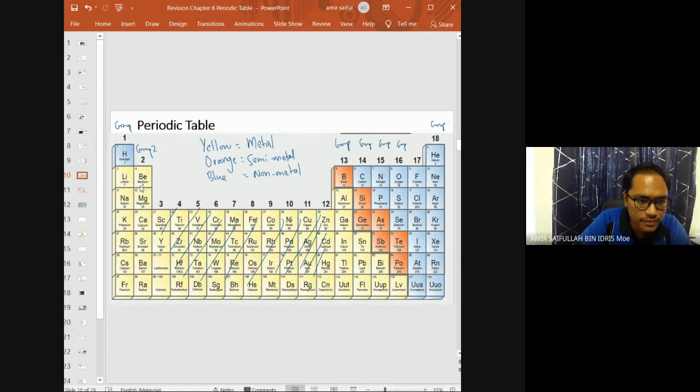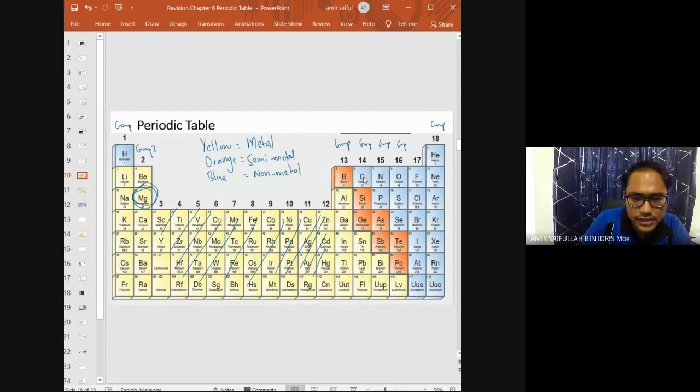So lithium, beryllium, sodium, magnesium are all metal. And in group 13, all are metal except boron, silicon, germanium, arsenic, which are not metal, but all below them are metal because they are yellow in color.